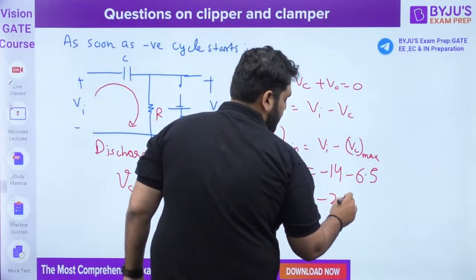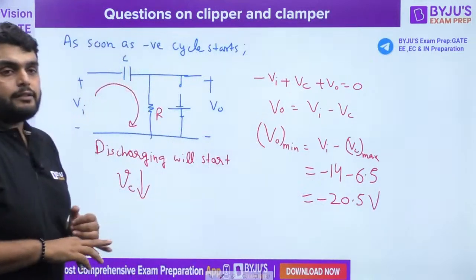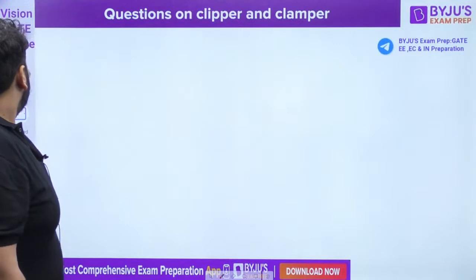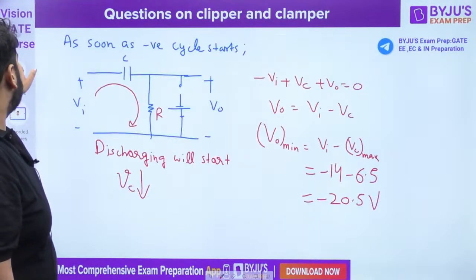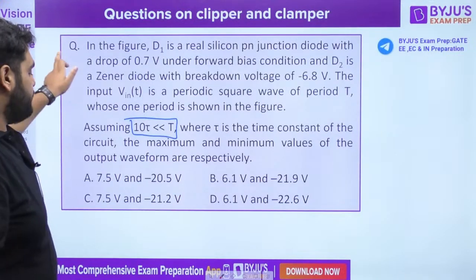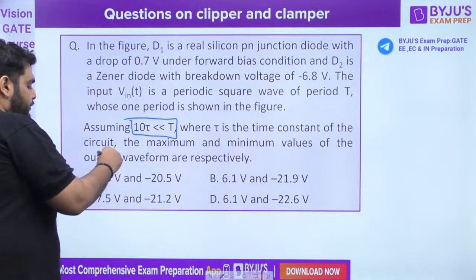So it comes out to be minus 20.5 volt. So we got two voltages: the maximum is 7.5 and the minimum is minus 20.5. So option A is the right answer.